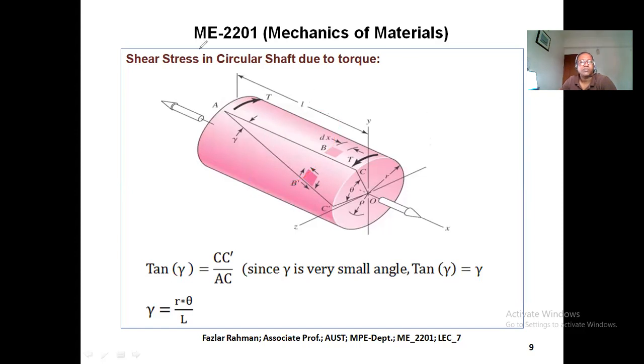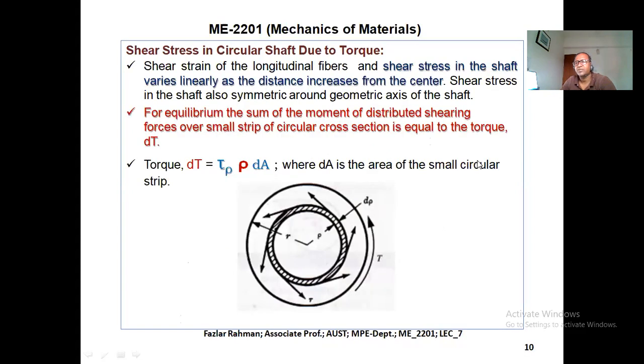From that shear force, we'll figure out the torque. So the shear strain of the longitudinal fiber and shear stress in the shaft vary linearly as the distance increases from the center. I already told you that as you move from the center, shear stress gradually increases in the shaft. Shear stress in the shaft is also symmetric around the geometric axis of the shaft.